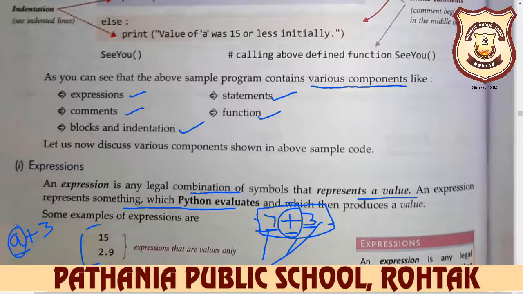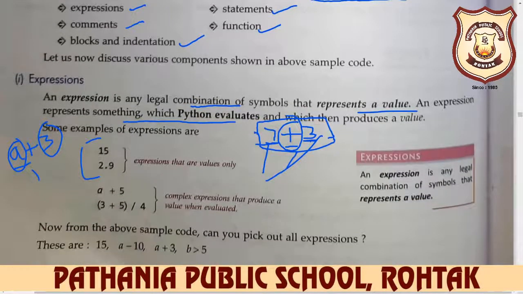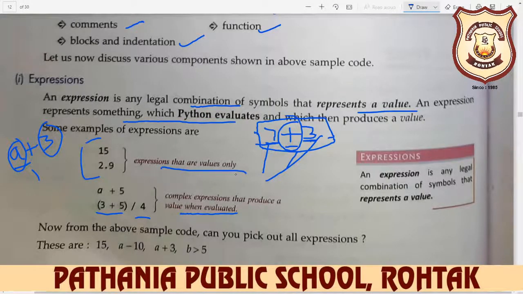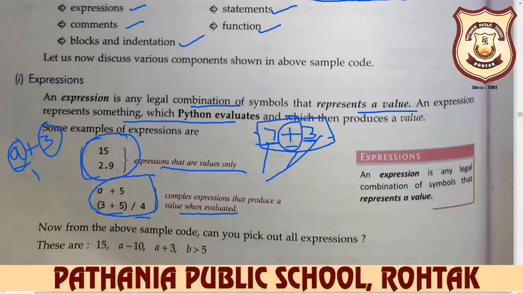We also write, for example, according to your book, 3 plus 5 divided by 4. This is a complex expression that produces a value when evaluated. Expressions can be values only, or complex expressions that produce a value when evaluated.